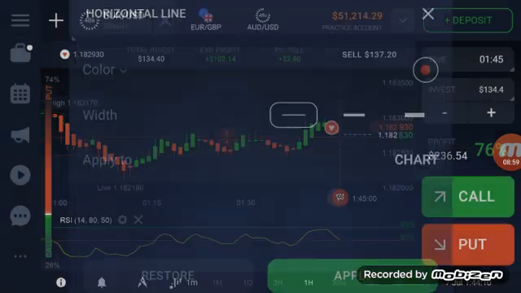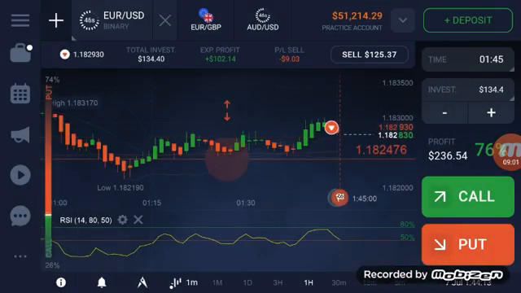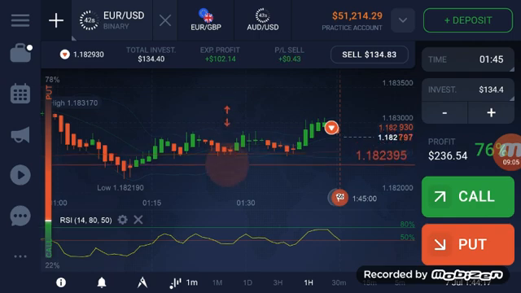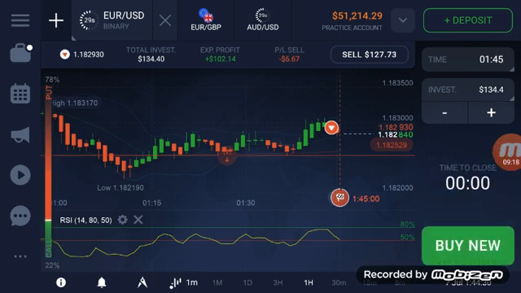Horizontal line, apply. See there? Even if I include the wicks, it hasn't passed that in the past 20 odd minutes, from 1:15 to 1:45. Yeah, that's like half an hour. So I was just looking for a call trade there, and it worked out.